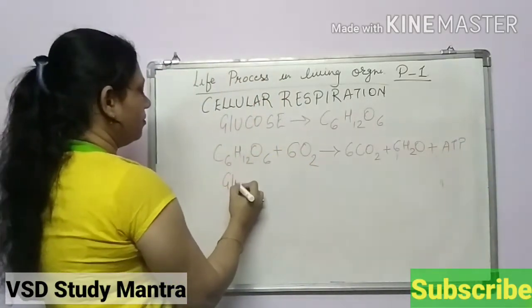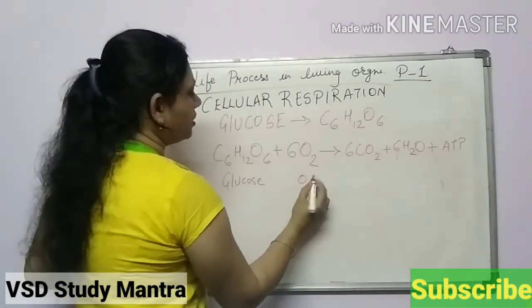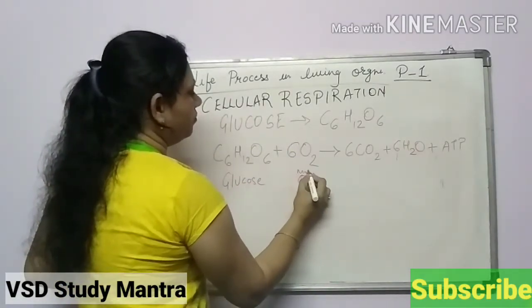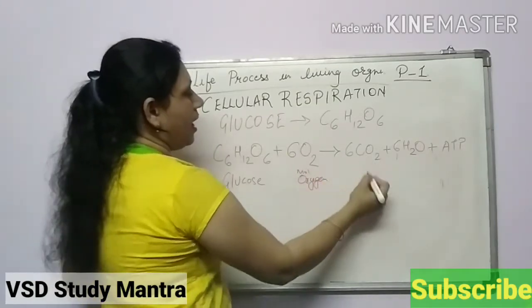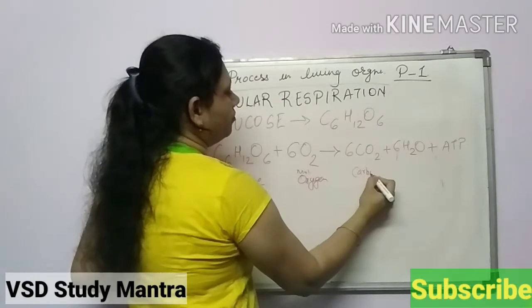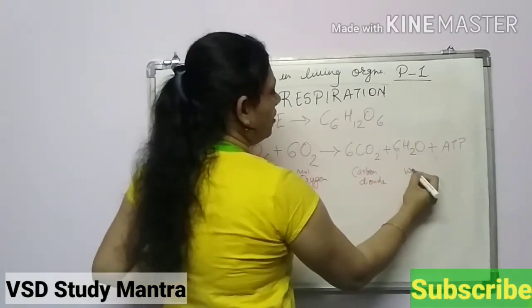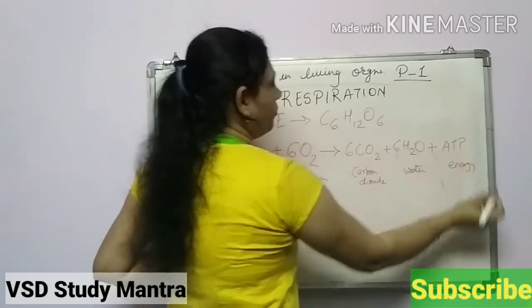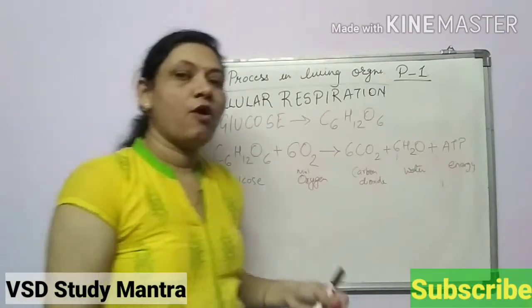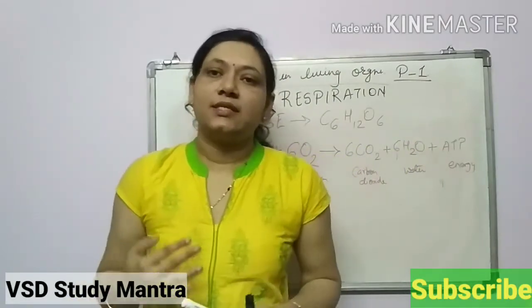This glucose, molecular oxygen, carbon dioxide, water, and energy. So here students, what happens? The glucose is oxidized, means it is reacted.